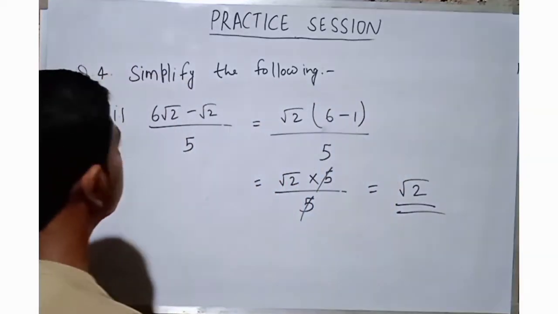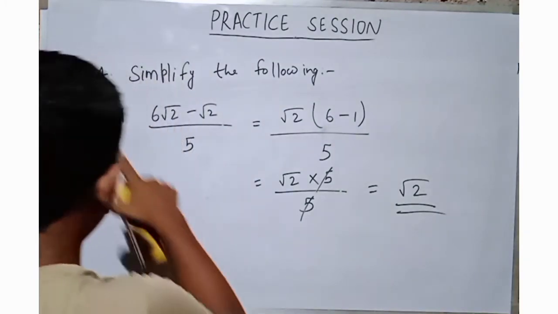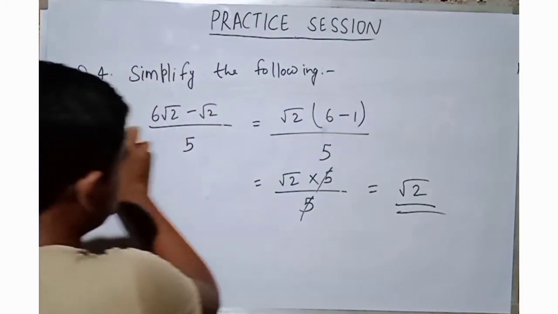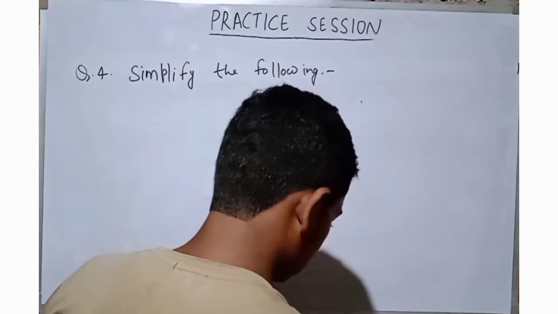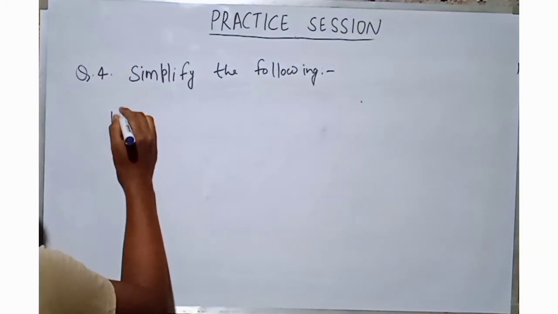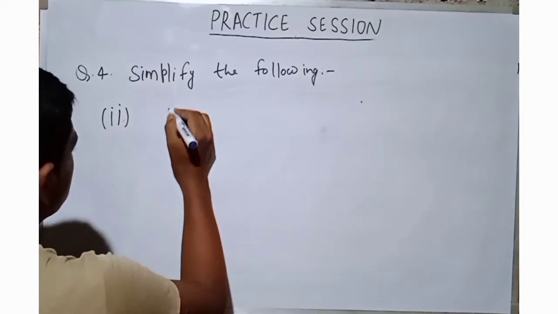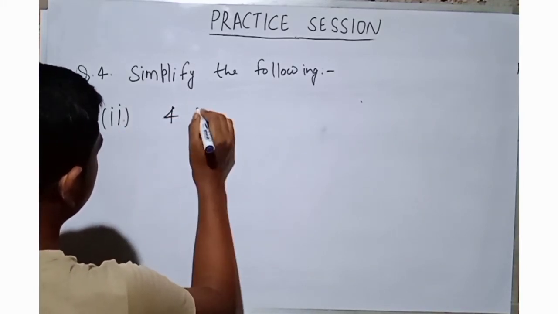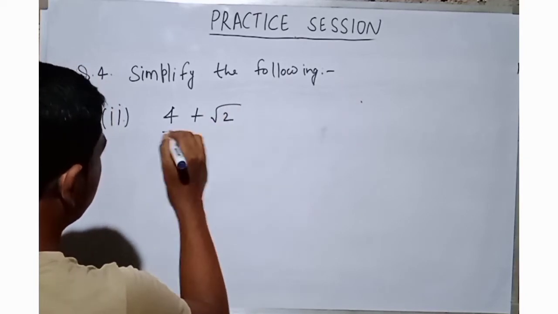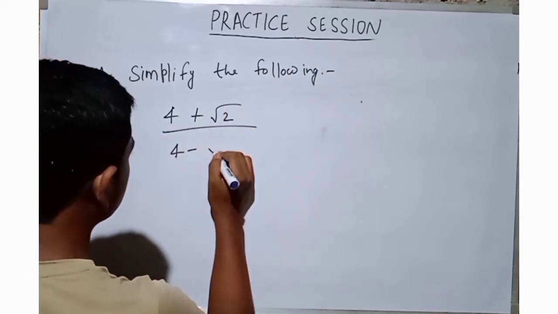This is your answer. Now the second part of the fourth question I am giving you. Simplify 4 plus root 2 divided by 4 minus root 2.